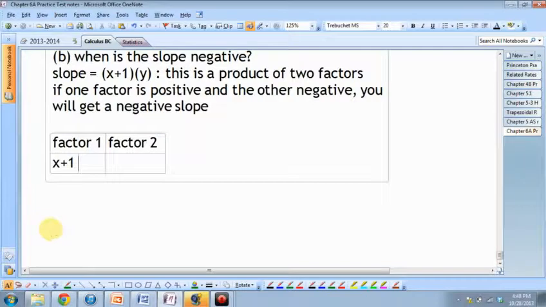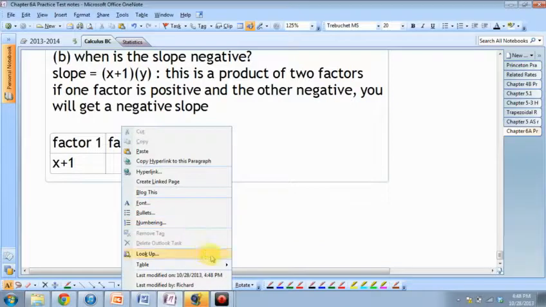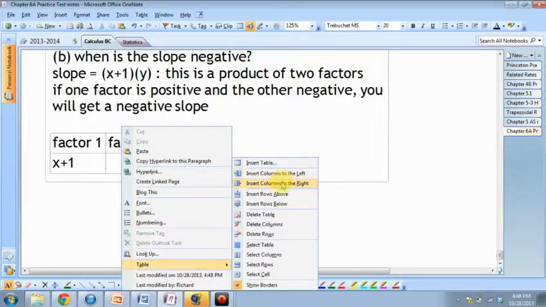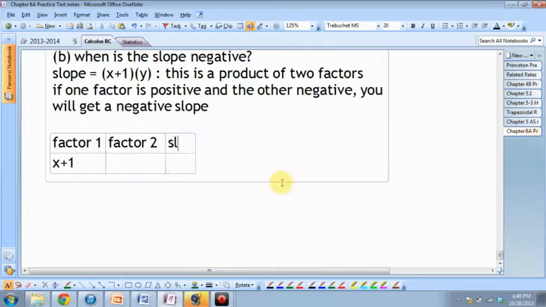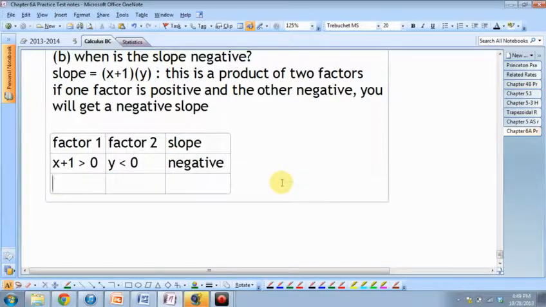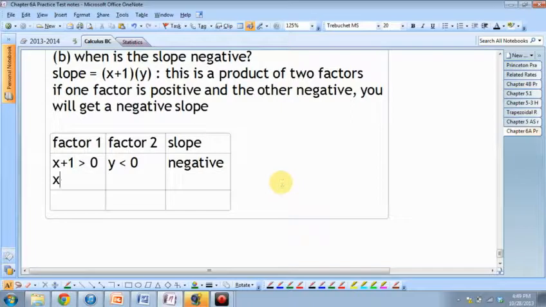So for the slope, if factor 1 is greater than 0, and factor 2 is y, if y is less than 0, the slope will be negative, right? Let's go ahead and simplify that. Wouldn't that mean x is greater than negative 1? Yes.